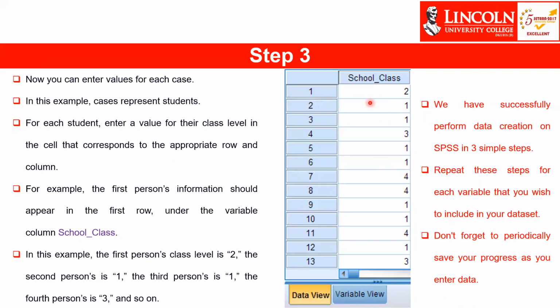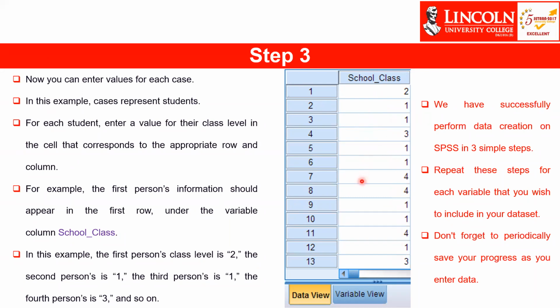For example, the first person's information should appear in the first row under the variable column school class. In this example, the first person's class level is 2. The second person is 1. The third person is also 1. The fourth person is 3, and so on.